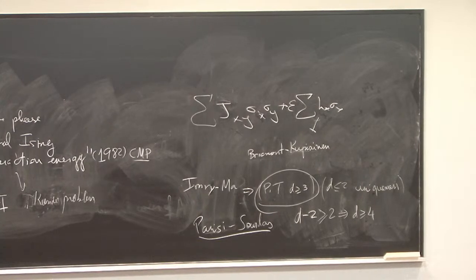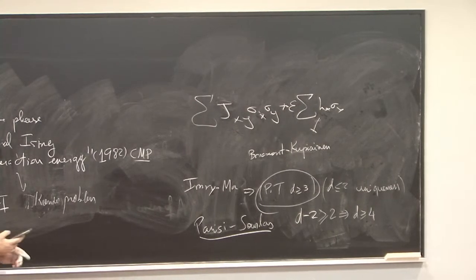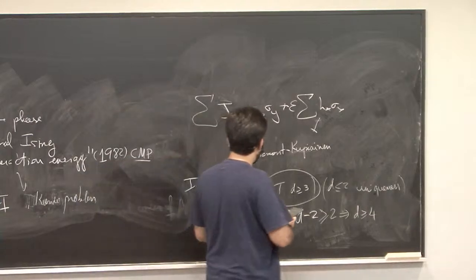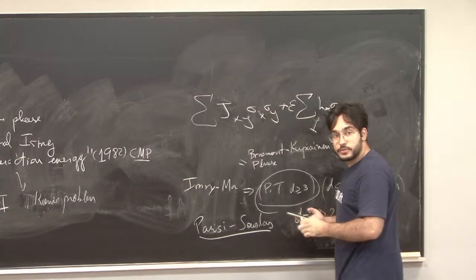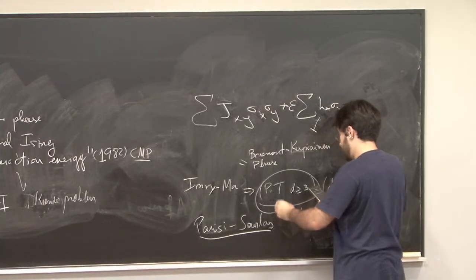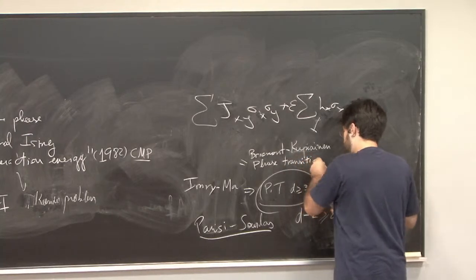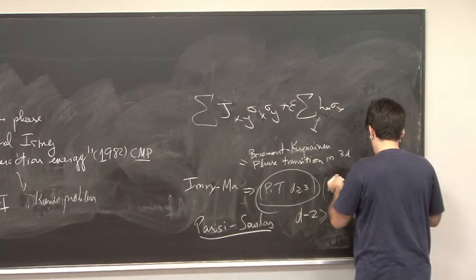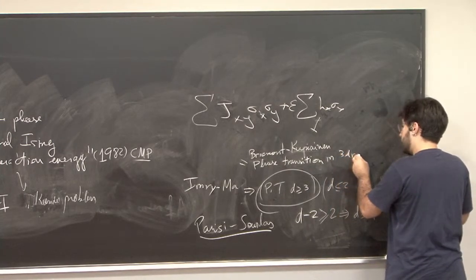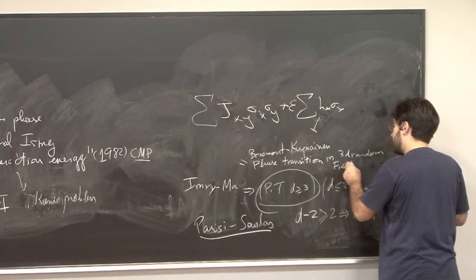If you want to take a look, this paper is known to be very hard to read and very technical. It is called "Phase transition in the 3D random field Ising model."